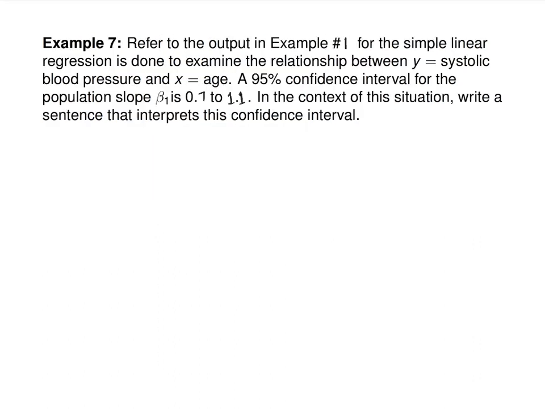Okay, so we're going to refer to the output in example 1 for the simple linear regression that's done to examine the relationship between systolic blood pressure and age. A 95% confidence interval for the population slope B1, beta 1 is 0.7 to 1.1. In the context of this situation, write a sentence that interprets this confidence interval.